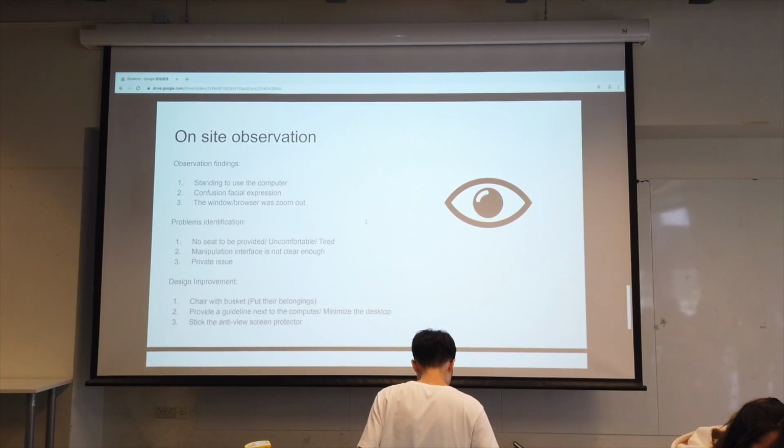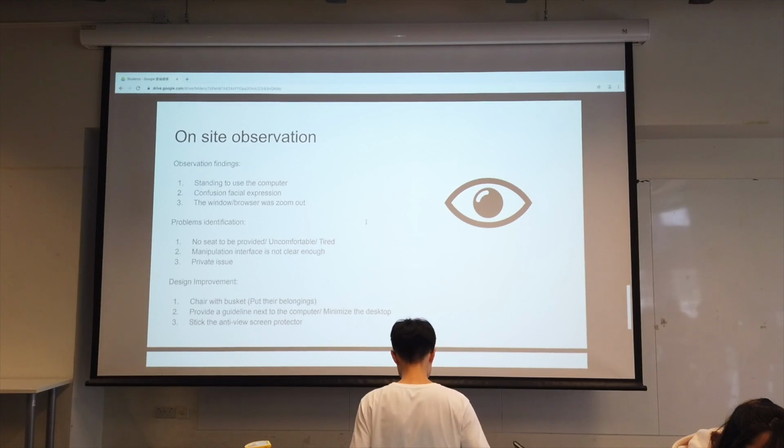So we have identified some problems: there is no seat in that area, and they put their belongings on the floor, so maybe they will be concerned about it. And also the privacy issue.